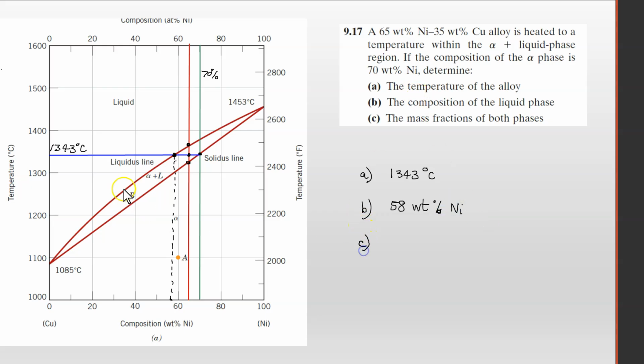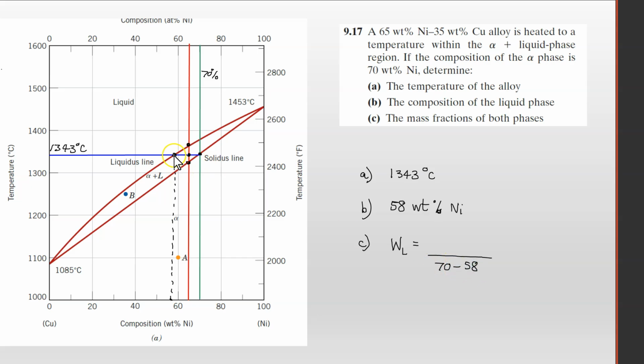C, we want to calculate the mass fractions of both phases. So W for the liquid, the mass fraction of the liquid, will be the length of the tie line on the bottom. So the length of the tie line would be 70% minus 58.